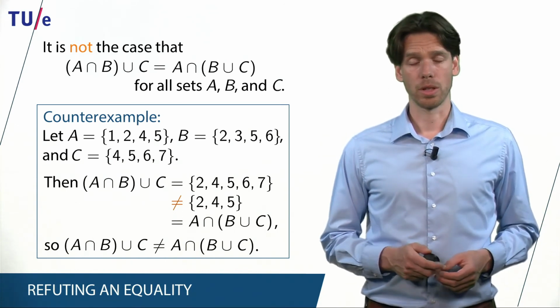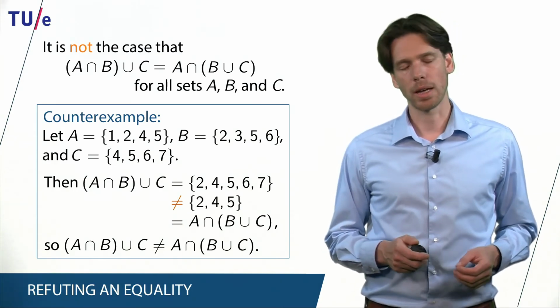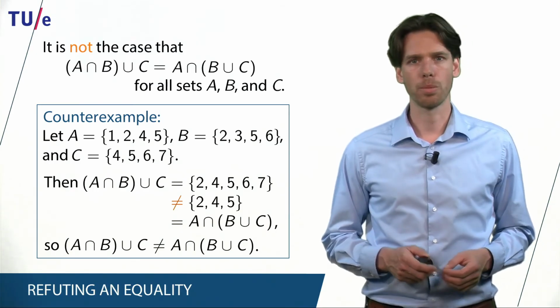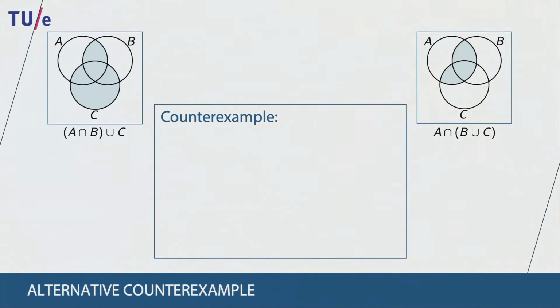One counterexample is enough to refute the formula, but to illustrate that a counterexample is often not unique, we shall provide another one in this case. Looking at the Venn diagrams, you may observe that there is a simpler way to expose the difference between the areas represented by the two expressions. What we actually need is something in one of the parts where the areas are not the same.